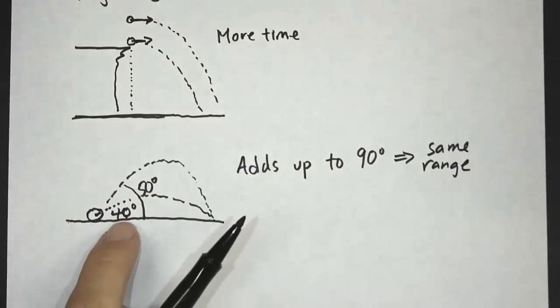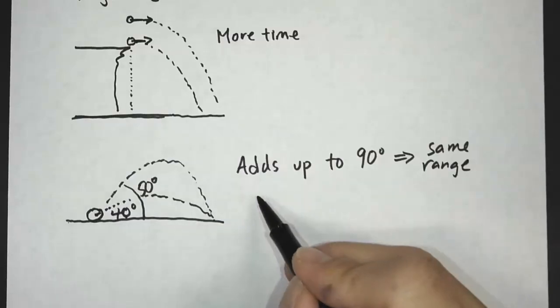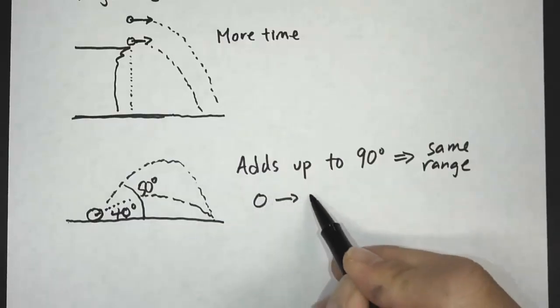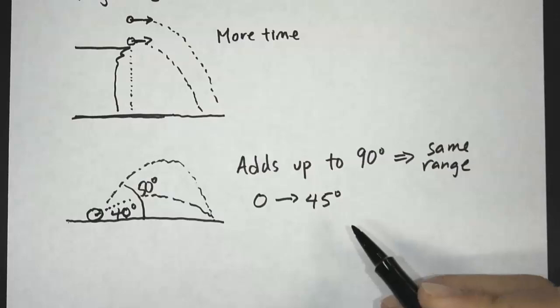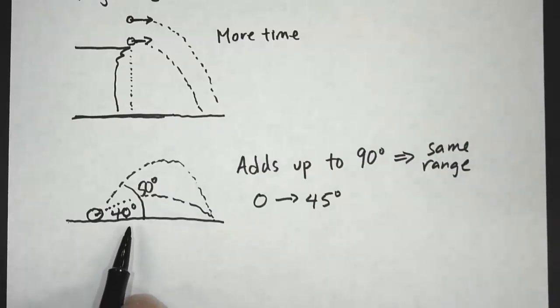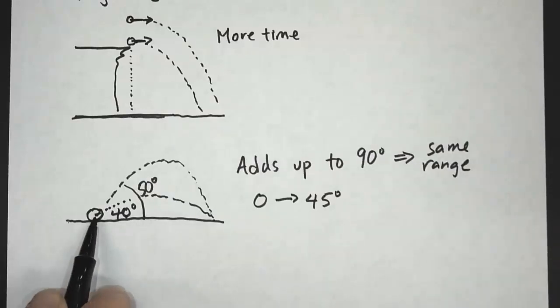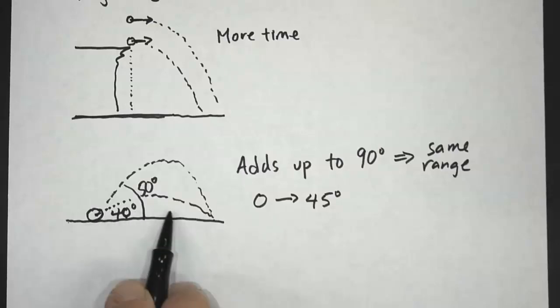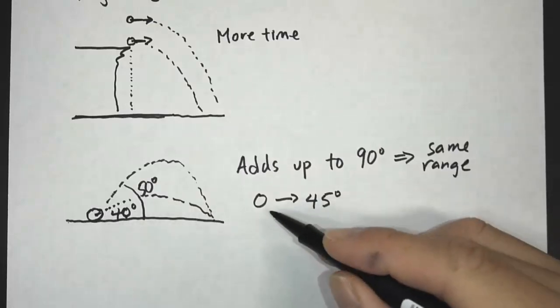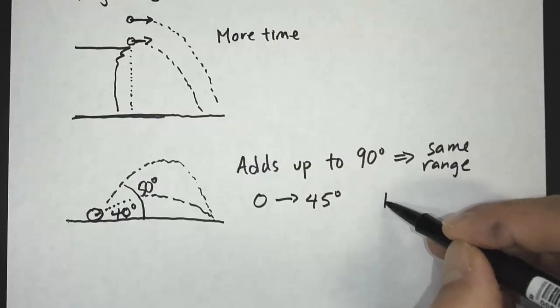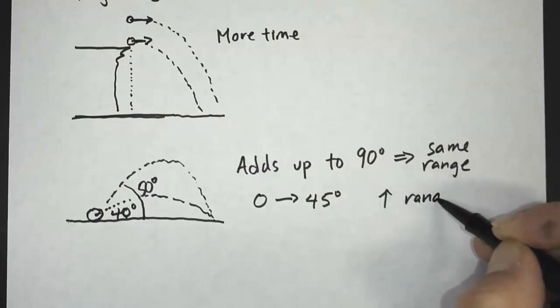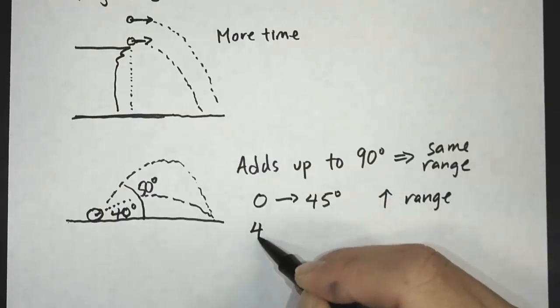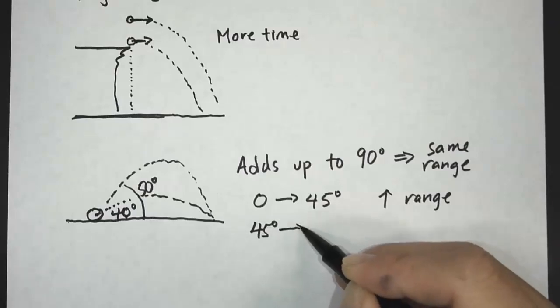Also, as you increase the angle from 0 to 45 degrees, it's going to go farther and farther. Initially it's just going to go over here, and then farther and farther up to 45. So as you increase the angle, you're going to increase the range. At 45 degrees, that's your greatest range.